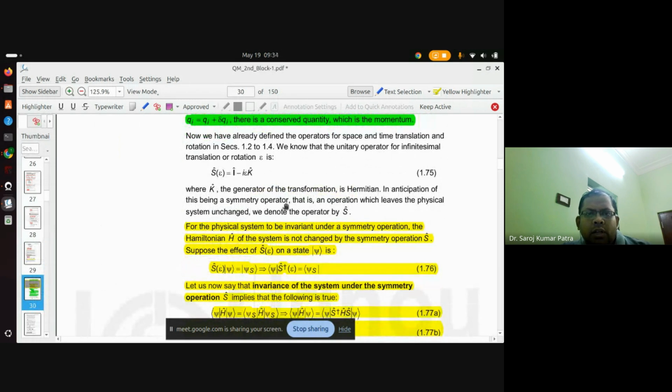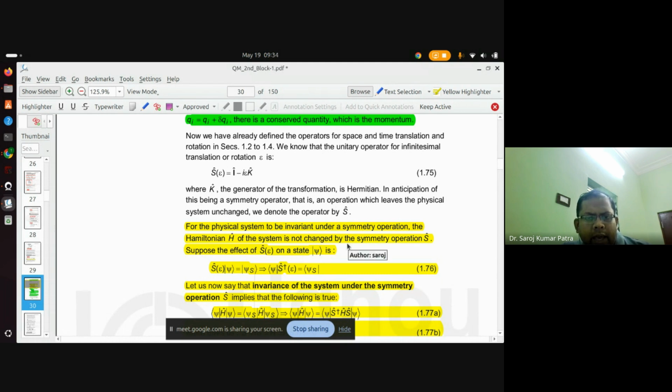Now, let's say for space and time translation and rotation, you describe it by a unitary operator of infinitesimal translation or rotation, epsilon, which is given by the operator S and is generated by an operator K. Then K has to be Hermitian. So K, the generator of transformation, is Hermitian in anticipation of this symmetry operation.